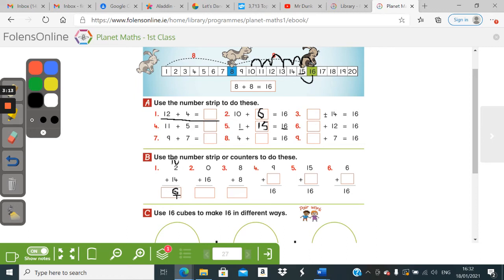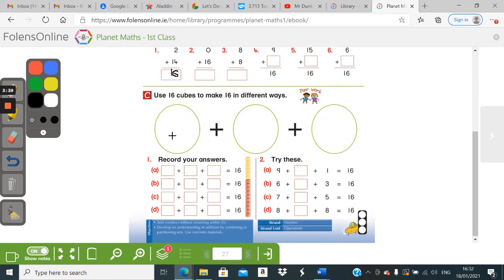So you can see the 2 and the 4, they're both units in the units column, and so is the 6, and that's in a nice straight line. And the 1 digit out of the 14, that's a 10. And so is the 1 digit out of 16. They're both 10s, so I've kept them in a straight line on top of each other.